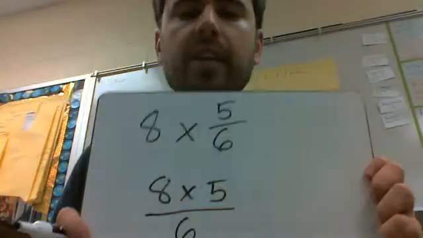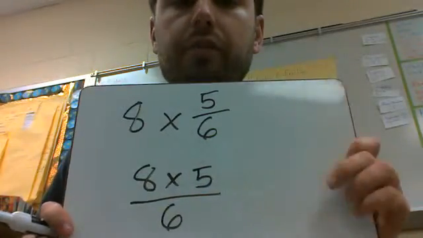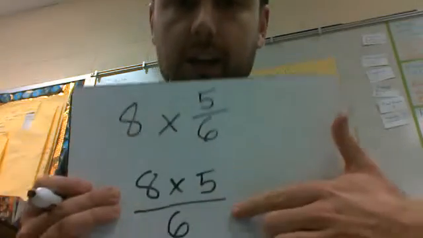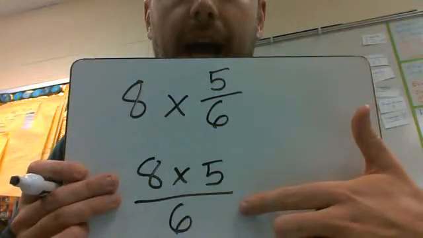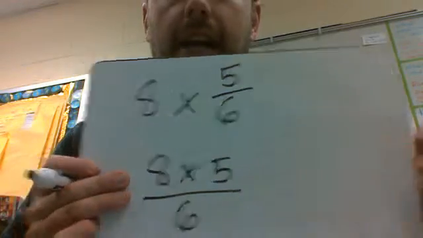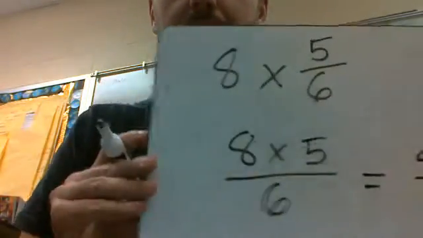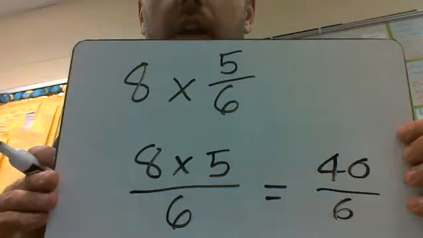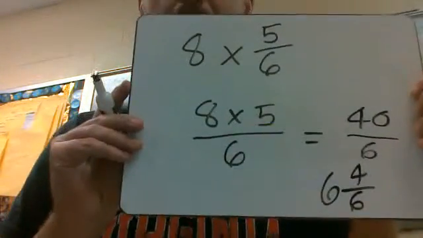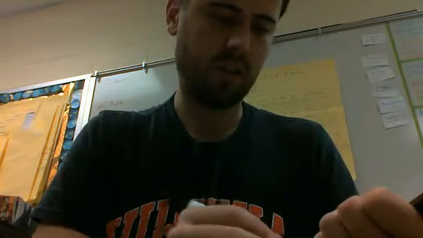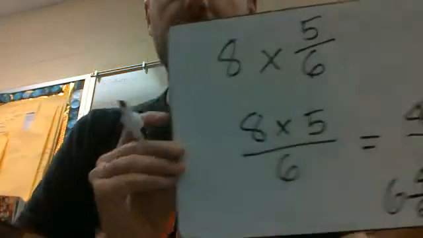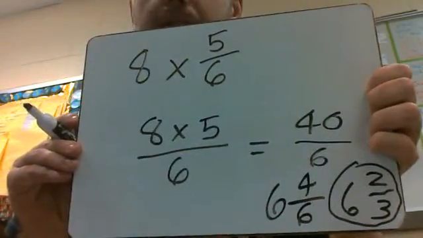Alright, so at this point you have probably written your new fraction with your numerator multiplied by 8, and you get 40/6. Or that would be 6 and 4/6, or simplifying that, 6 and 2/3.